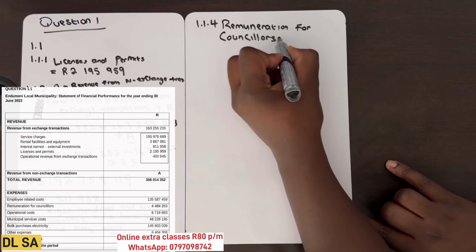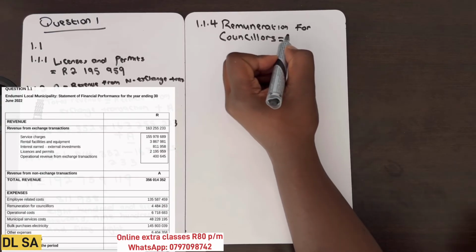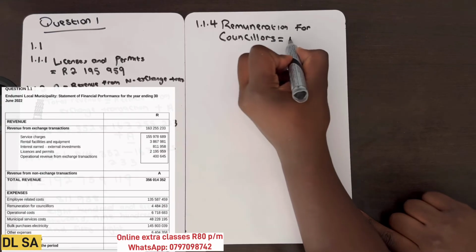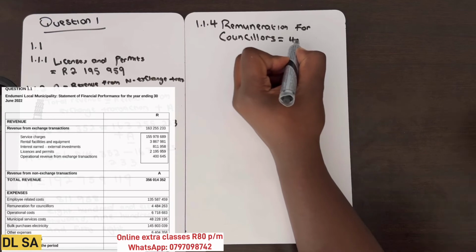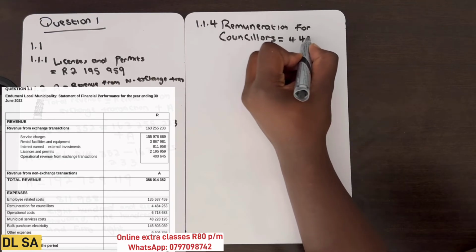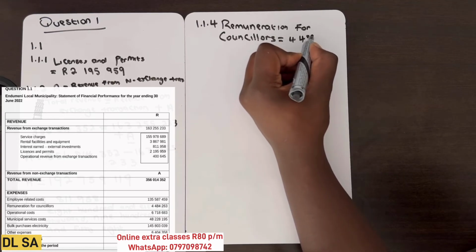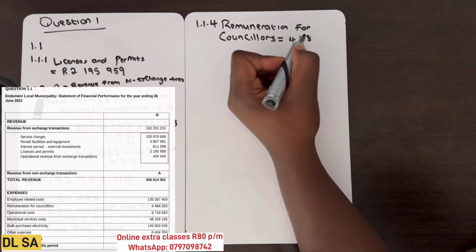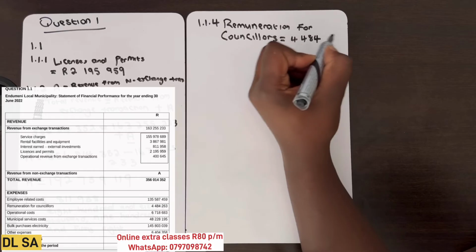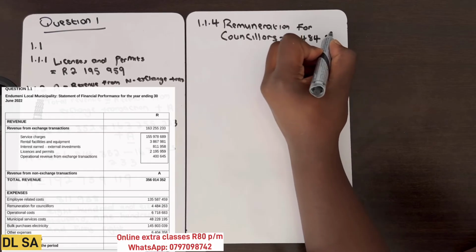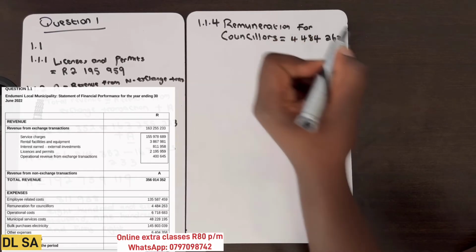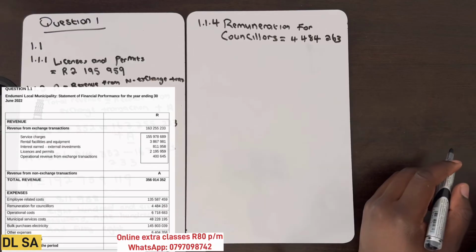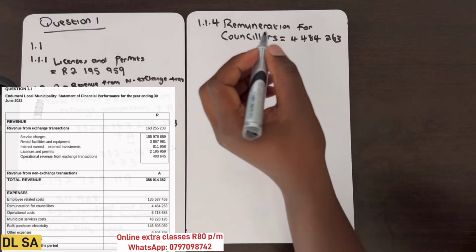And how much is it? It is 4,484,263. Remember that we are told to round this to the nearest 100,000.